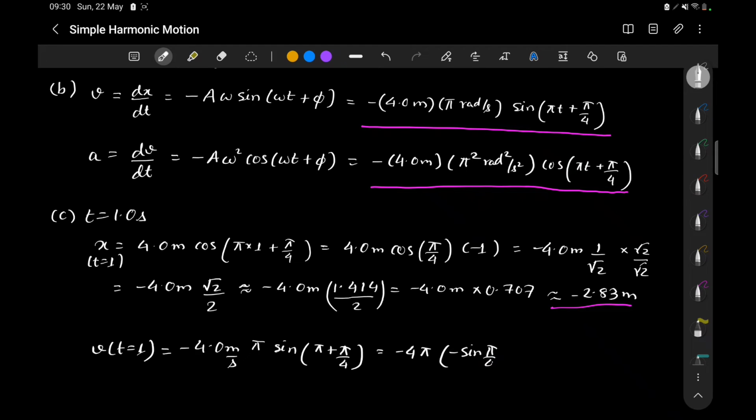Now sine pi plus pi by 4 is minus of sine pi by 4, and sine pi by 4 is 1 over root 2.